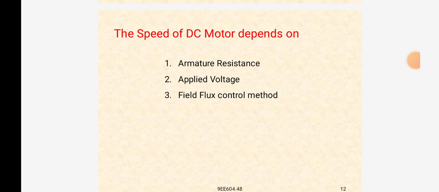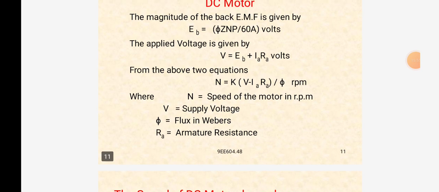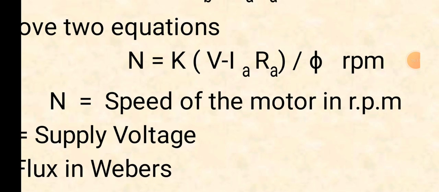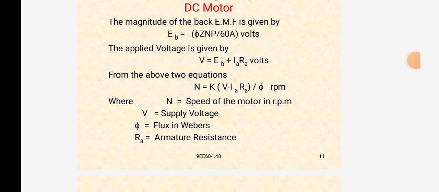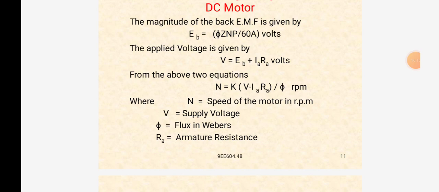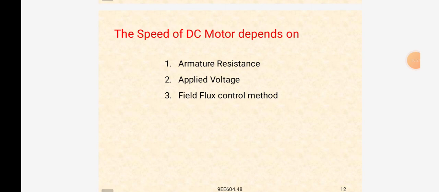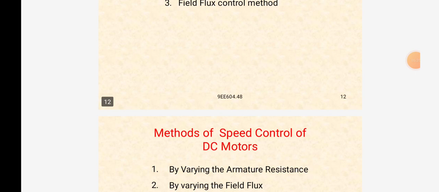From the equation N = K (V - IaRa)/φ, we are controlling the applied voltage, armature resistance and flux. So, using these three factors we can control the speed of the DC motor: armature resistance, applied voltage and field flux control method.